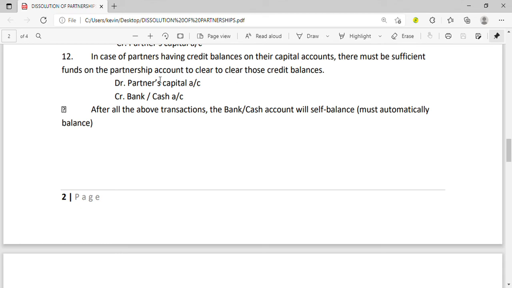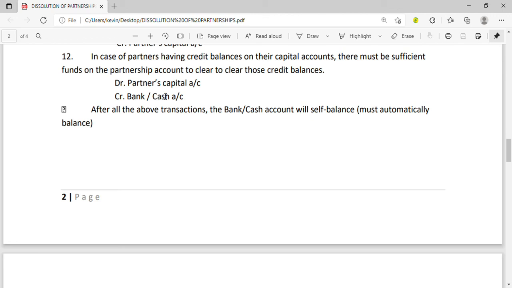In this case, it's the business that is supposed to give the partners money. So here we debit the partner's capital account and we credit the bank or cash account, because the business is spending. There is an outflow of money because they have to pay the partners in order to clear their credit balances.